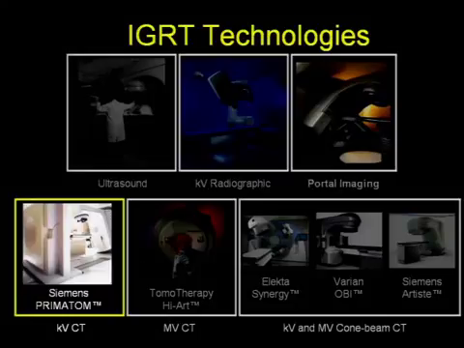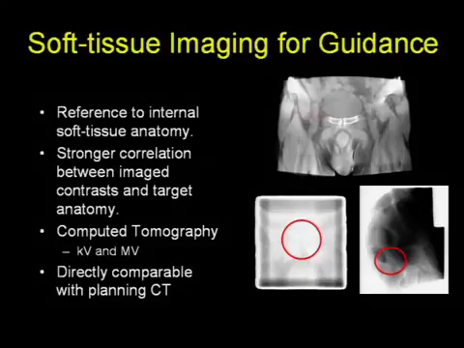The other kilovoltage CT technology I wish to overview in this talk is the Siemens Primatom system, or the CT on rails. So for those people who have large rooms, you can probably put in a CT scanner that can be coupled to your accelerator and provide high-quality CT images directly into the treatment room, and provide direct comparison with your planning CT, and use regular image registration tools.